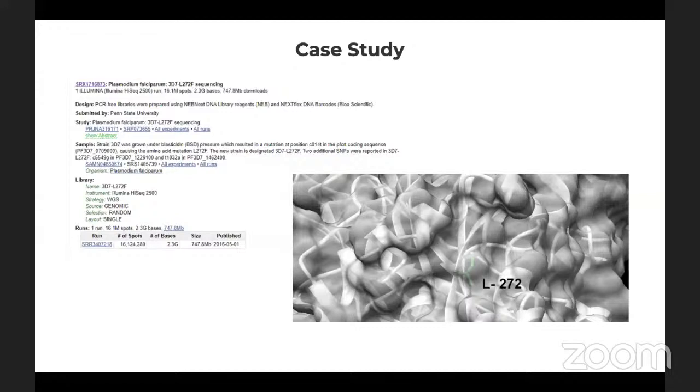So this case study involves Plasmodium falciparum resistance to chloroquine. I think everyone knows that it's a former gold standard anti-malarial drug, and now has a mutant form which is causing the drug resistance, basically due to the chloroquine resistance transporter gene, PfCRT.